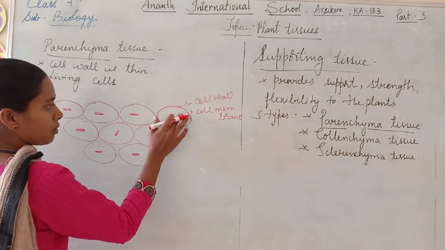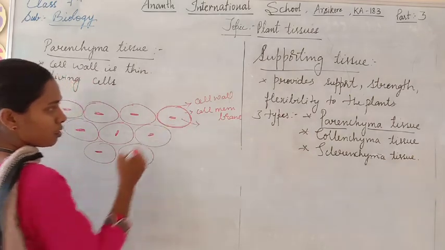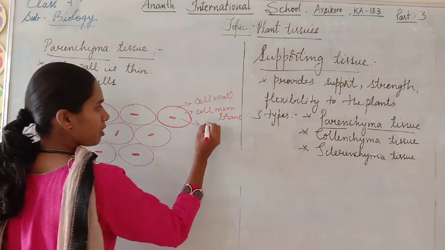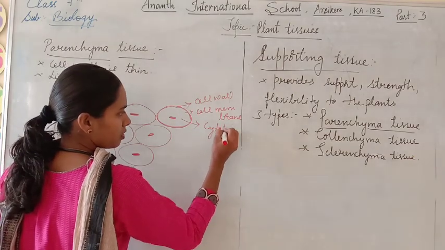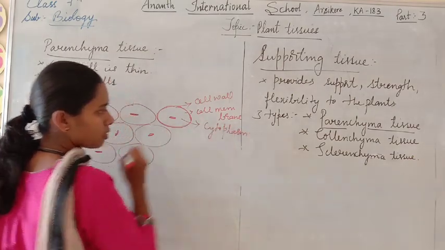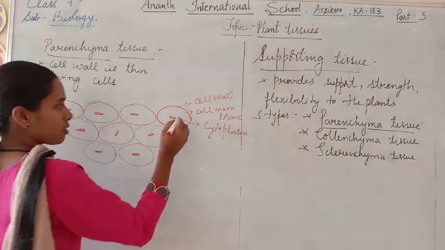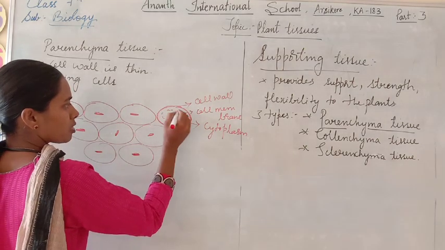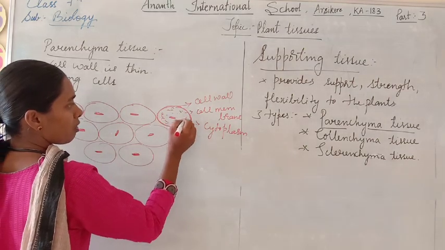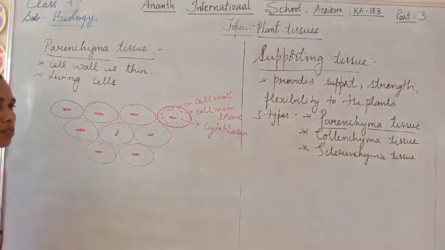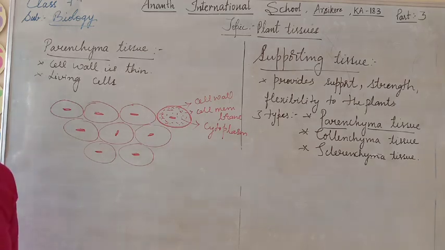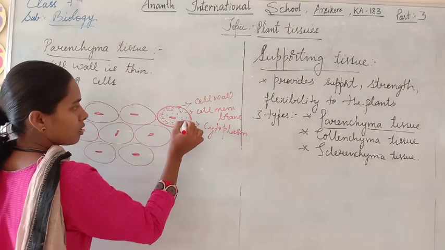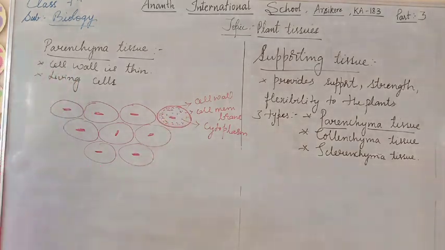And here you can see the empty space, where the cytoplasm will be present. Inside the cytoplasm, the different cell organelles will be present, as you already know: mitochondria, lysosomes, ribosomes, plastids, vacuole, and even the endoplasmic reticulum.